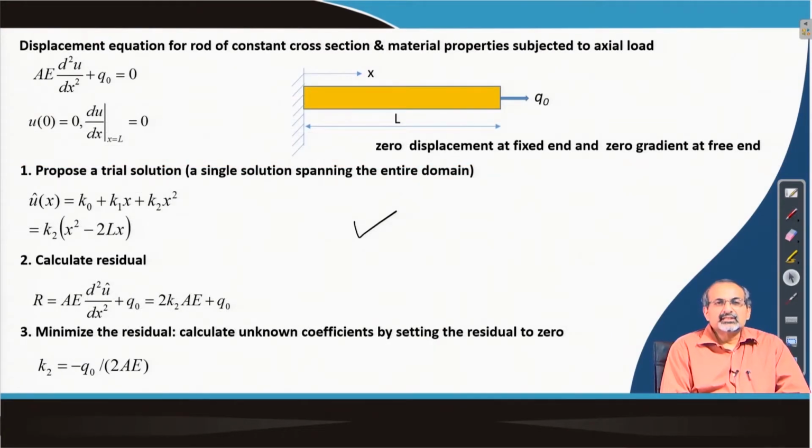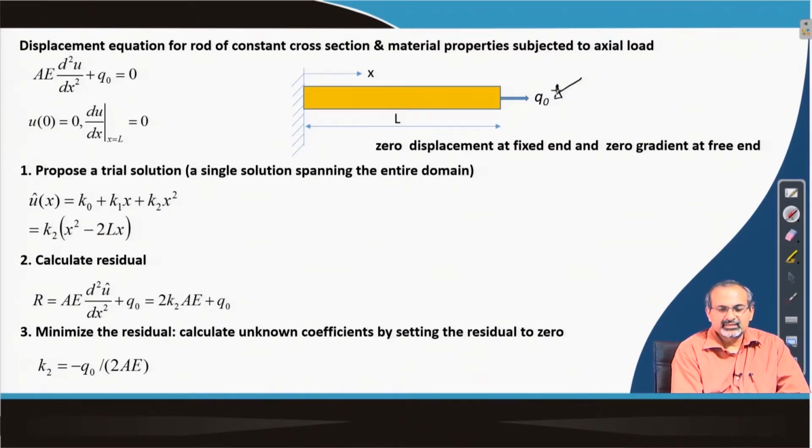Let us look at the physical significance of the problem. So, you have an element on which you are applying a load q naught. The element is essentially a one dimensional one of length L, and you are modeling the displacement of different sections of the element from the fixed support through this governing equation.